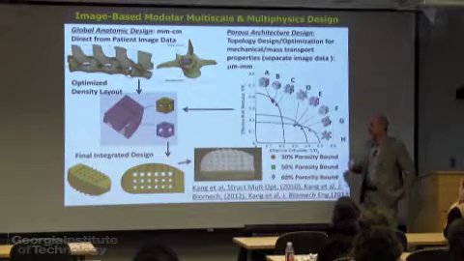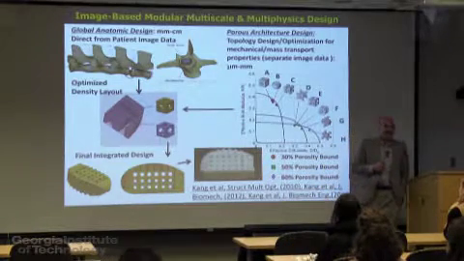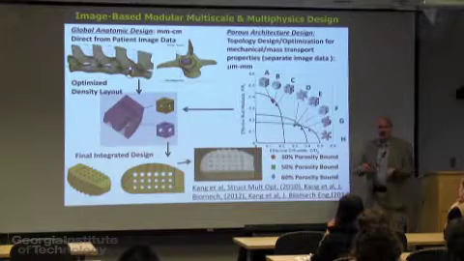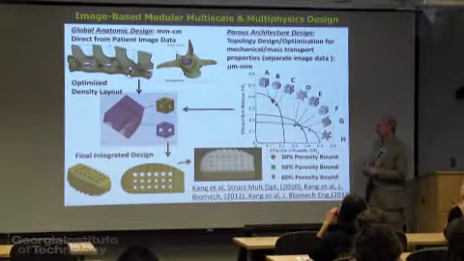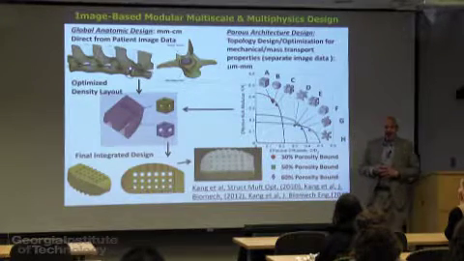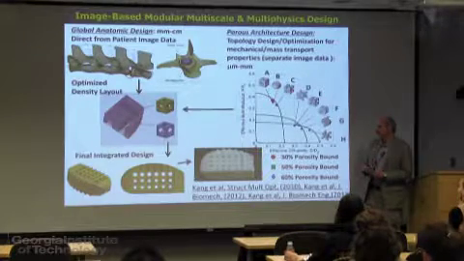This just shows you how we actually implement that, and we think about design from a multi-scale perspective, especially if we're thinking about regenerative medicine, because we have to make porous structures and we have to be able to embed biologics within the structure to do tissue regeneration.